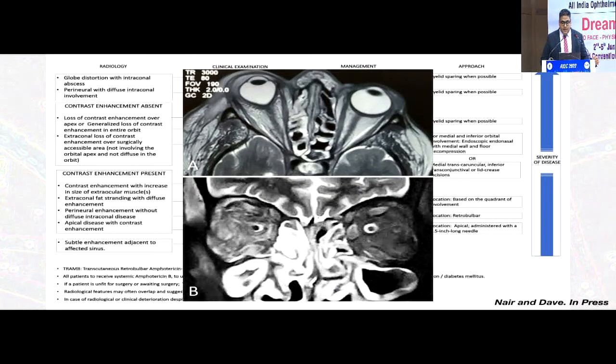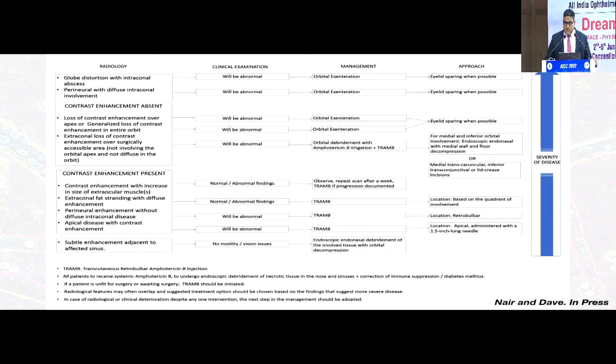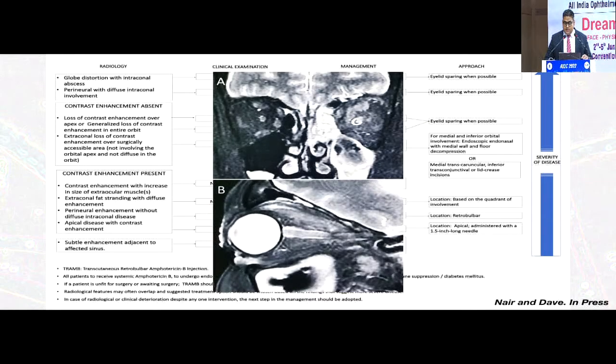And finally here the guitar pluck sign, again there is complete distortion of architecture of structures in the orbit. This is a case for a clear orbital exenteration. Again this is perineuritis with no appreciable orbital structures involved. Even in the coronal slice, you can't identify the extraocular muscles over here.